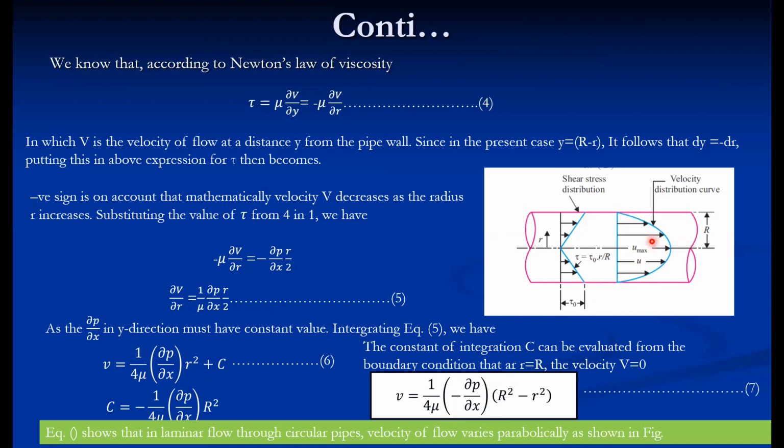This way, the first part of the objective of the derivation is done: develop an expression of shear stress and velocity distribution when laminar flow takes place through a circular pipeline of radius R, with distance between two sections capital L. This is only applicable for fully developed, steady laminar flow, where velocity varies parabolically across the cross section and shear stress varies linearly across the cross section.